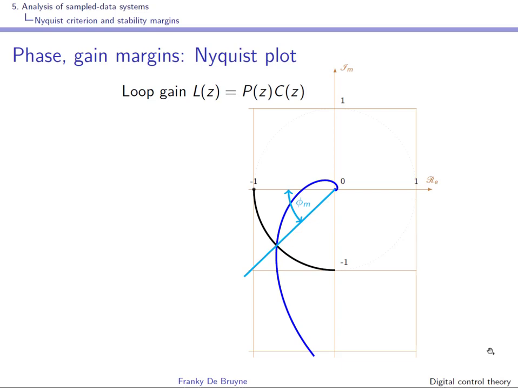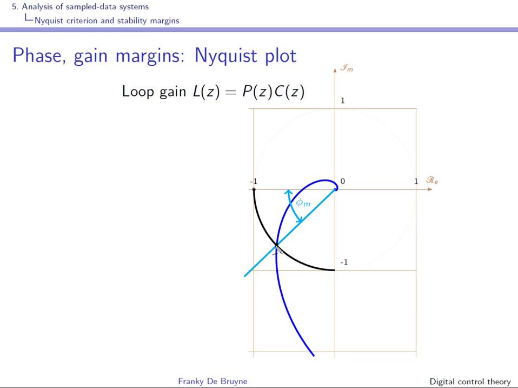We can start with the phase margin, and for that we need to find the frequency that corresponds to the gain crossover frequency, and the corresponding point will be the point where the Nyquist curve meets the unit circle.